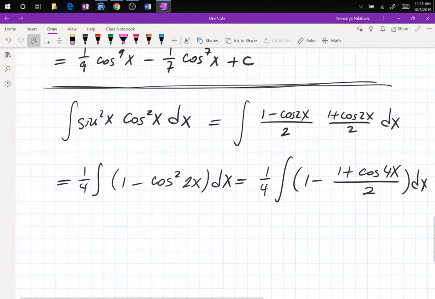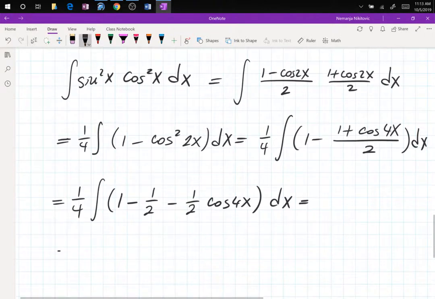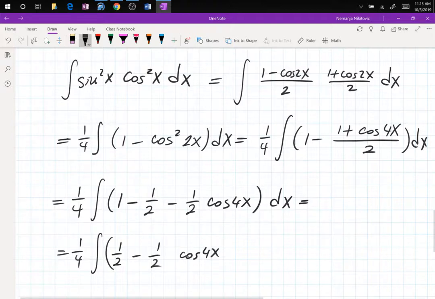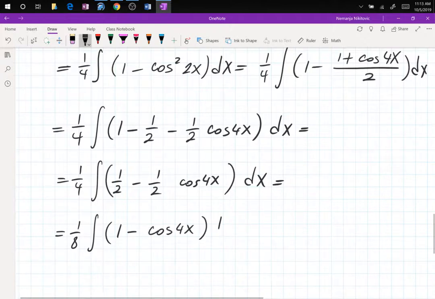And now I can just work out the algebra first. So the integral of 1 minus 1/2 minus 1/2 cosine 4x dx, which is 1/4 integral of 1/2 minus 1/2 cosine 4x in parentheses dx, and you can kick out the half to give you 1/8 integral of 1 minus cosine 4x dx.